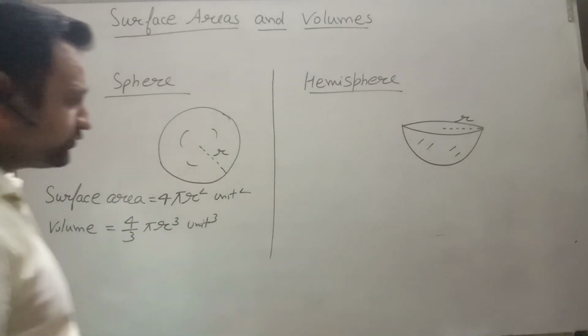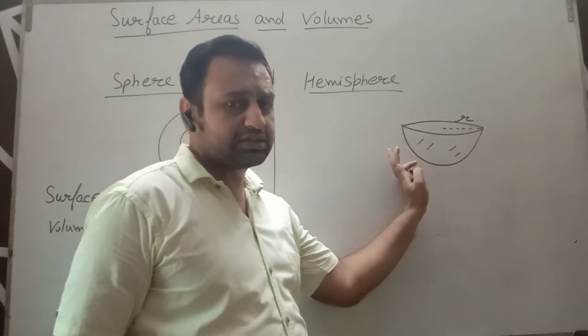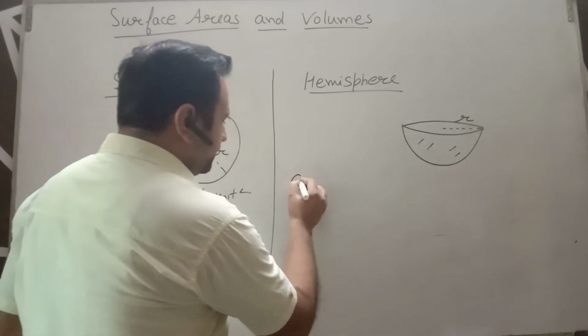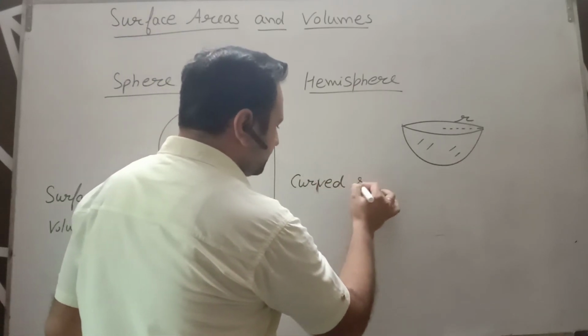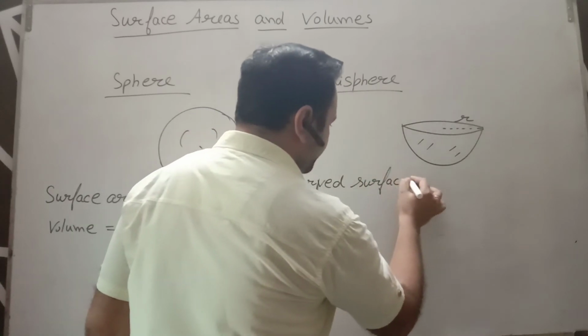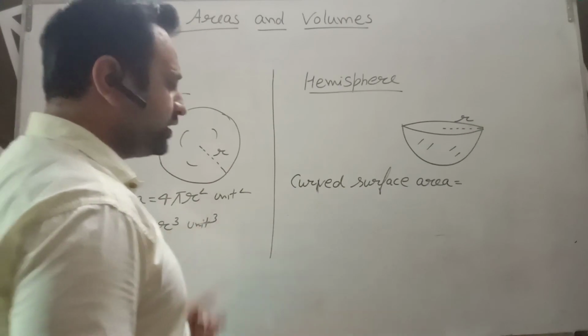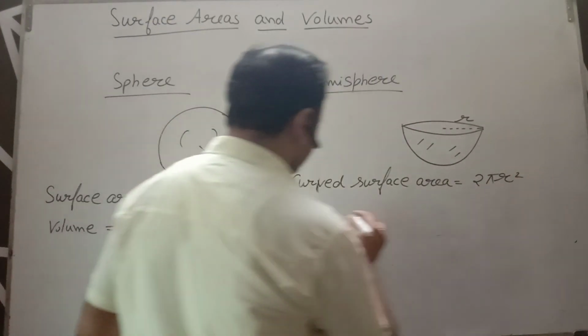Similarly, a hemisphere contains two surfaces. One surface is the curved surface and the second is the total surface. Its curved surface area is half of the sphere's surface area, which is 2 pi r square.